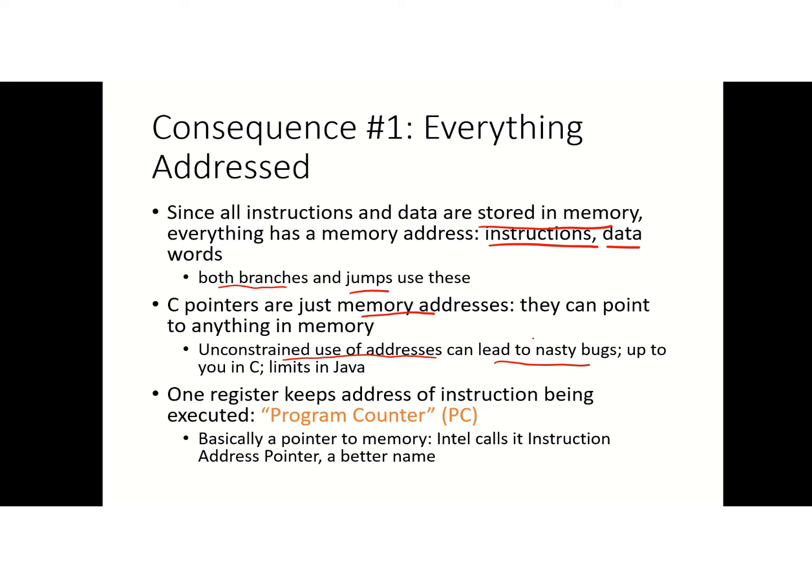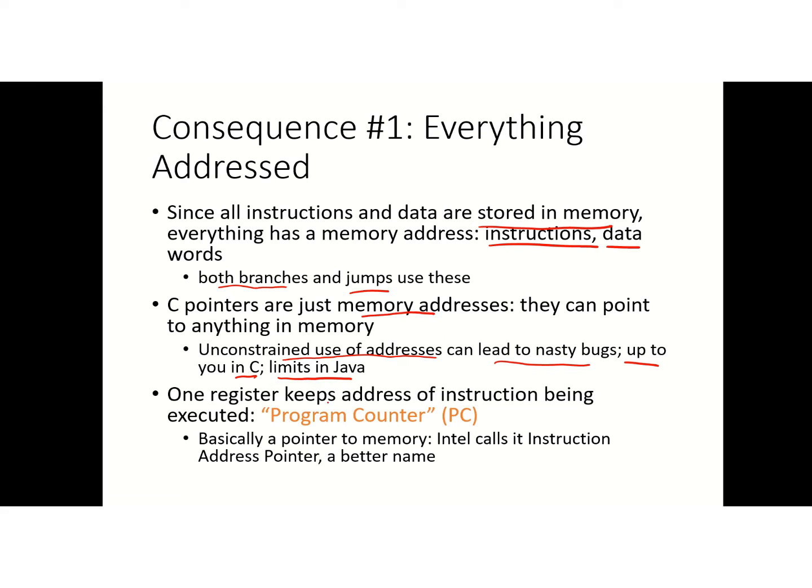So usage of pointers or memory addresses must be limited, as we have limited registers. In C, it is up to you to determine the usage of the address, whereas Java has some limitations and limits the usage of these addresses.